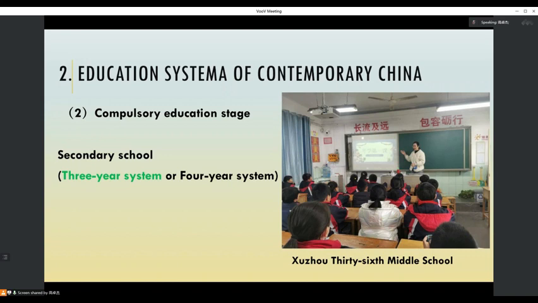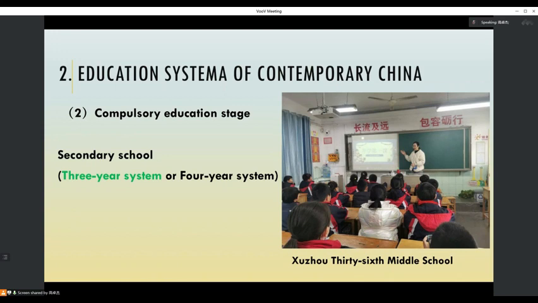So the policy of the government is rational, but the thought of regular people will change more slowly.